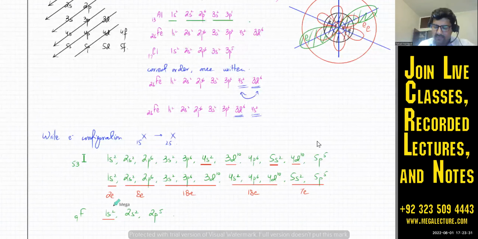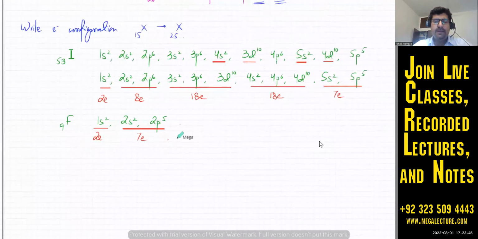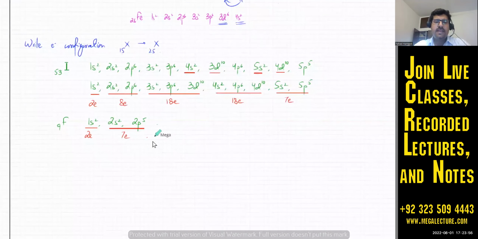So the similarity in electronic configuration within groups is this. The first shell has 2 electrons. The second one has a total of 7 electrons. So here you can see the properties: every group 7 element has 7 electrons in its outer shell. Now, writing electronic configurations is kind of time consuming.